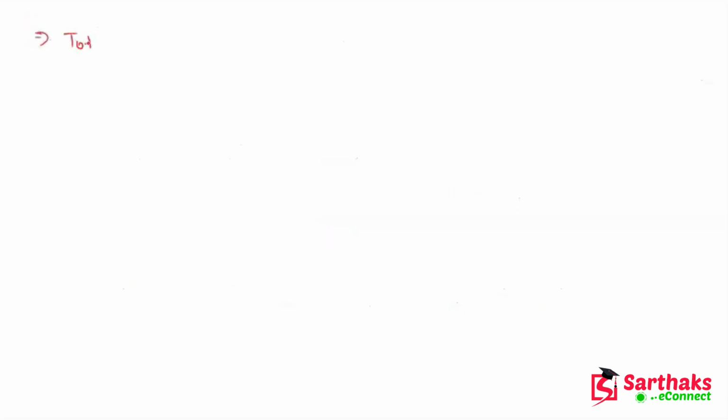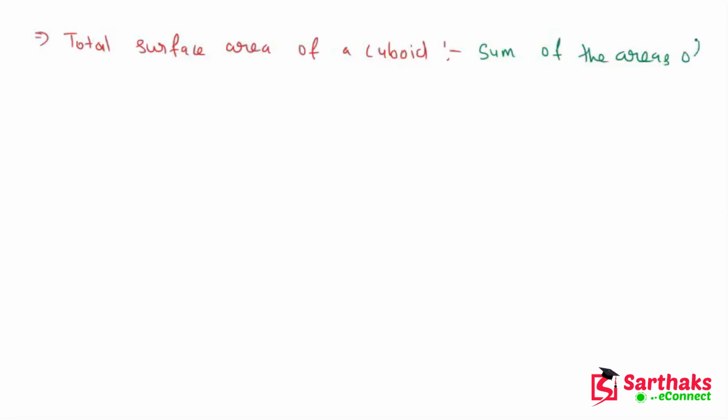So, my dear friends, the total surface area of a cuboid is equal to the sum of the areas of all its 6 rectangular faces.